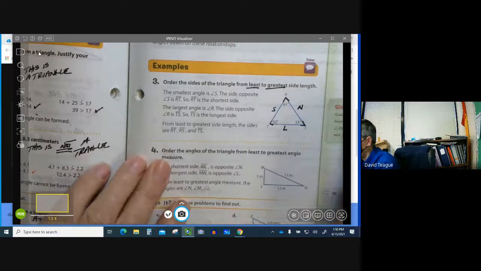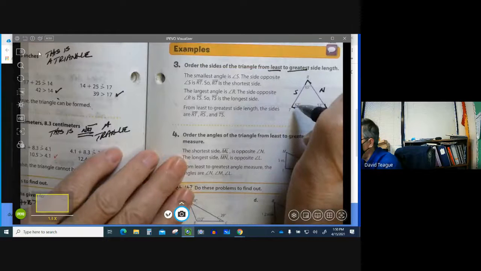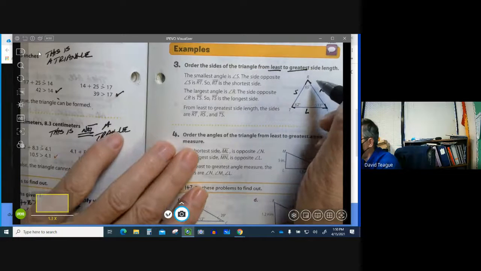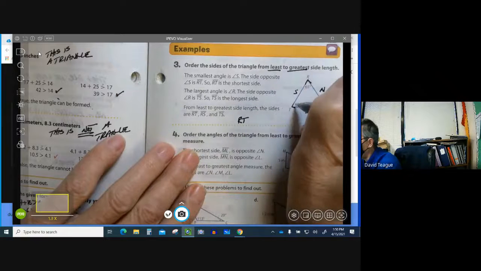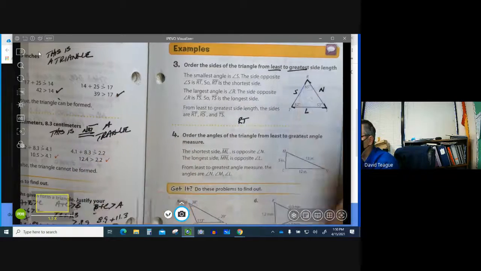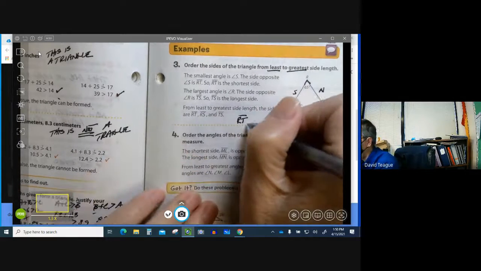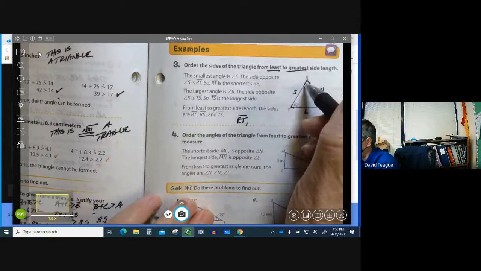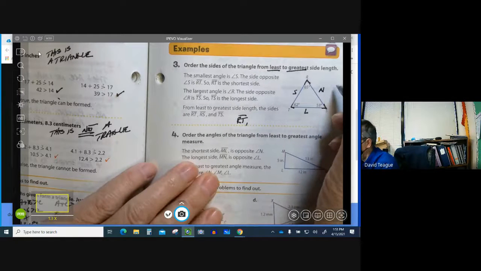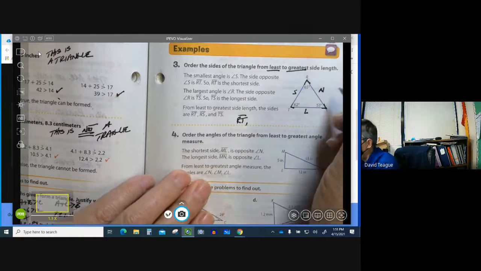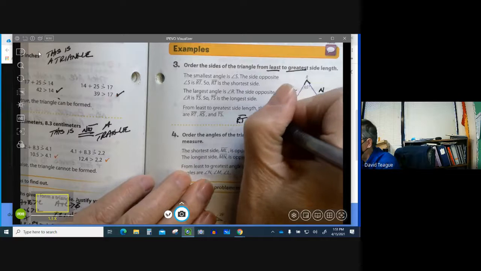So now if I put that in order, the way you would identify this side is you're using your letters. So you would put RT because you're starting at R and going to T. You could go from T to R, there's nothing wrong with that. And then you put a line over it. So the line segment RT is the smallest. The next segment is RS, so I put RS and put a line over it.